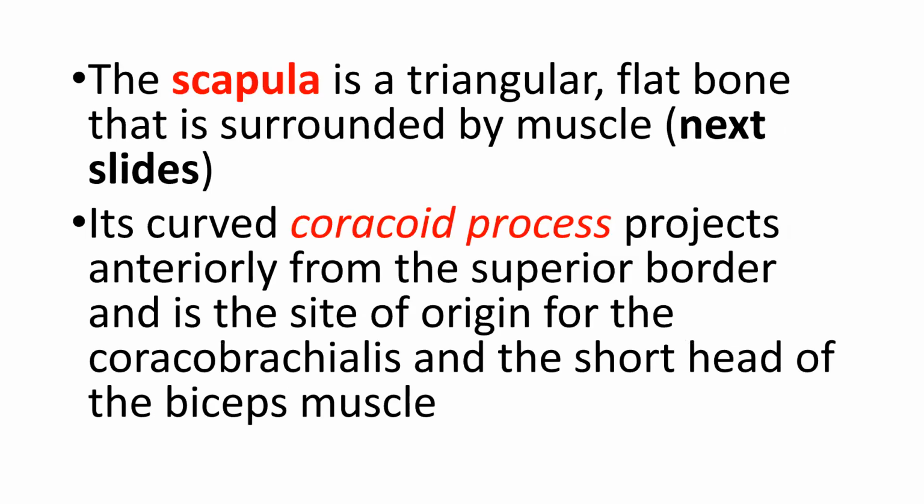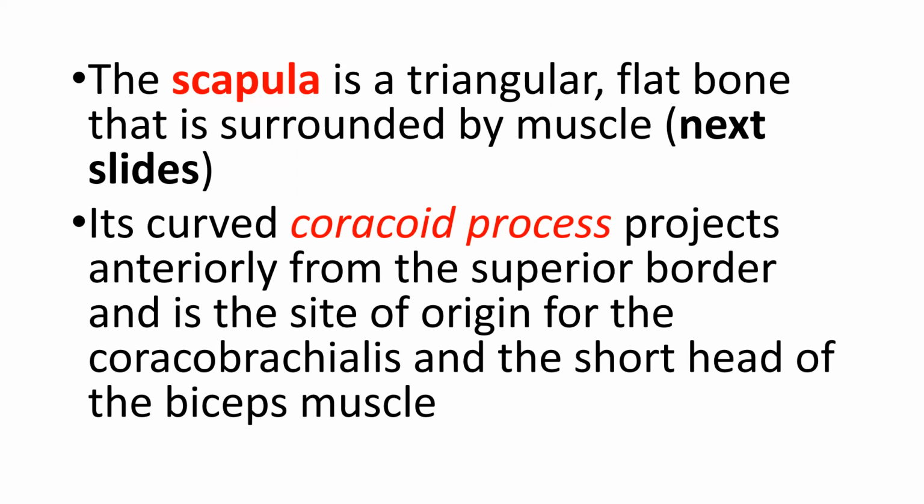The scapula is a triangular, flat bone that is surrounded by muscle. Its curved coracoid process projects anteriorly. I'm sure you all have done Latarjet procedures and you know everything about the coracoid.